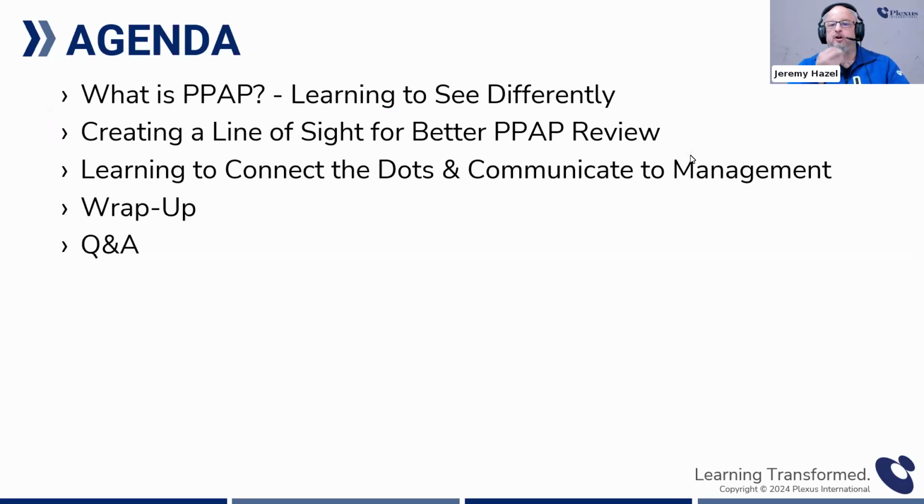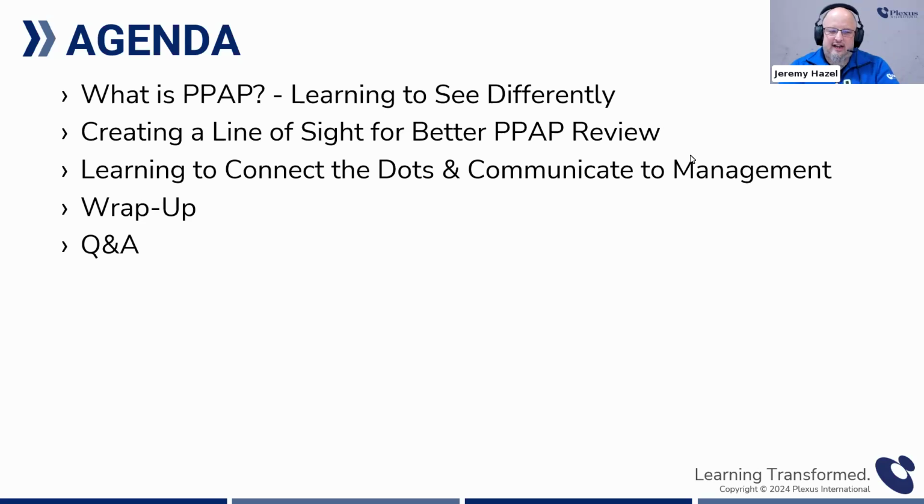Now, if you are the person that assembles PPAP in your organization, this webinar is also for you because if you understand how the SQE is going to review it, you're going to be able to put together a submission that stands a better chance of getting accepted. So whether you're on the submission side or the review side, you're going to get value from this. However, this webinar is primarily geared towards supplier quality associates who are reviewing PPAPs from the supply base.